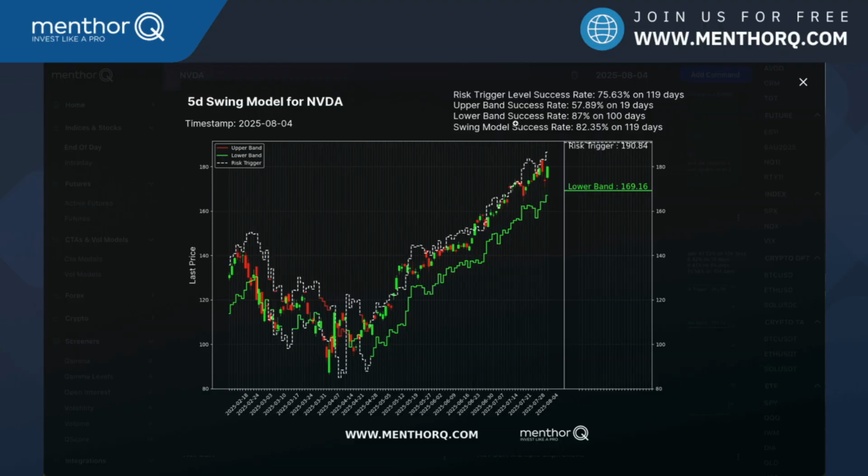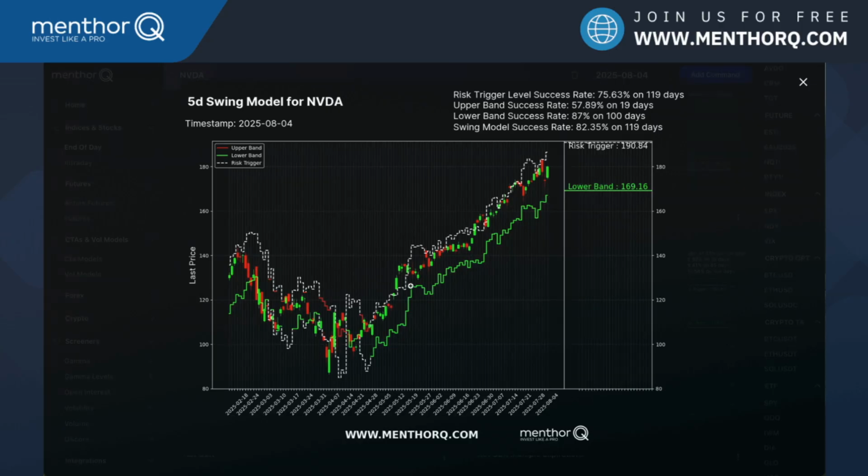So what the model is telling us is that our risk trigger has a success rate of 75% over 119 days. Our upper band has a 57% success rate only on 19 days. So we were bearish on NVIDIA only on 19 days going back here. And we can see the lower band has a success rate of 87% over the past 100 days.